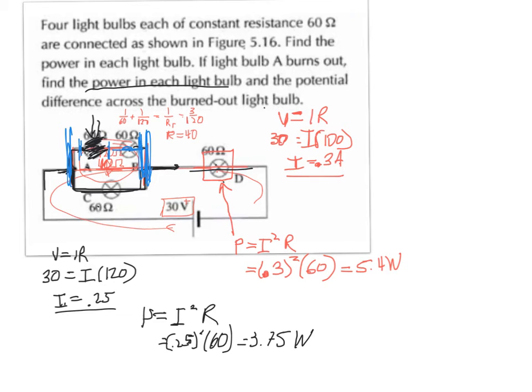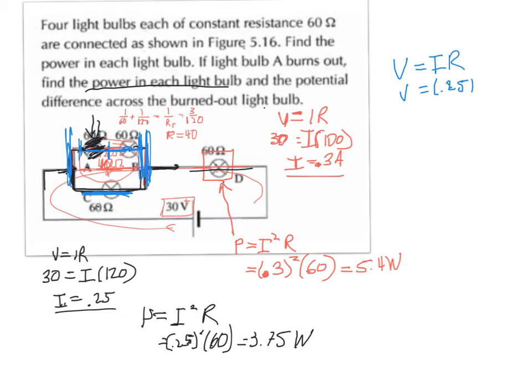So in order to find that, I'm just going to go V equals IR over here on the right. I will find the potential by taking the current, sorry, I'm looking at the potential lost across C, because that'll be the same as what's up here because of the parallel circuit. So the current there was 0.25.